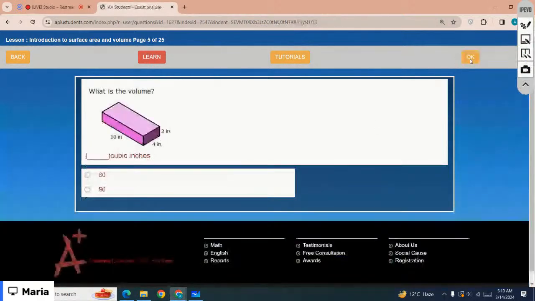Okay, the next one is you have to calculate the volume. So for the volume, you have to do length times width times height. So which is the correct option?